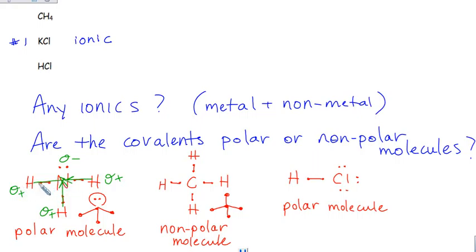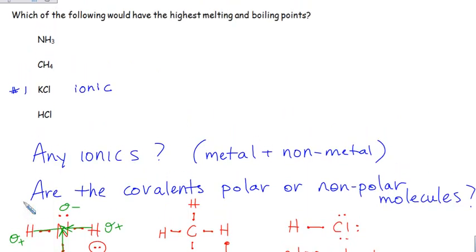So this is a really extreme dipole. It's not quite as strong as a complete transfer of electrons like potassium to chlorine, but this is going to be a strong partial negative and a strong partial positive. That's your hydrogen bonding.